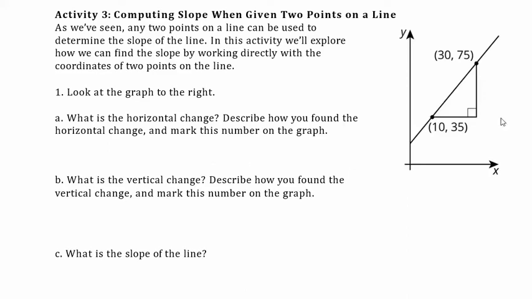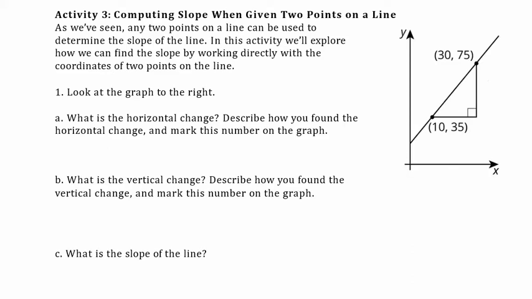Now, with these 2 points, in order to find the slope, which we have seen is the change in y over the change in x, that's basically what we're going to do, is use these 2 points to determine those 2 things. So in part A, it asks us, what is the horizontal change? What is this change if you move from the point (10, 35) up to the point (30, 75)?